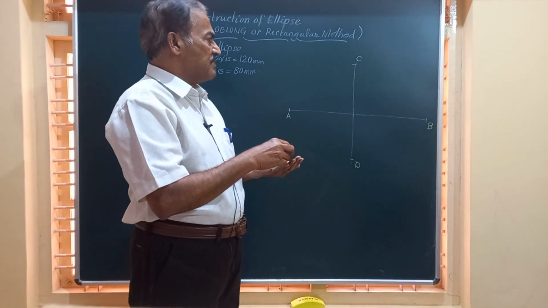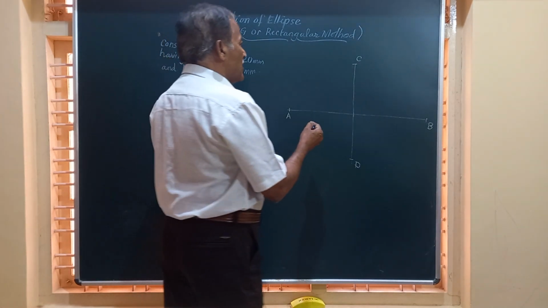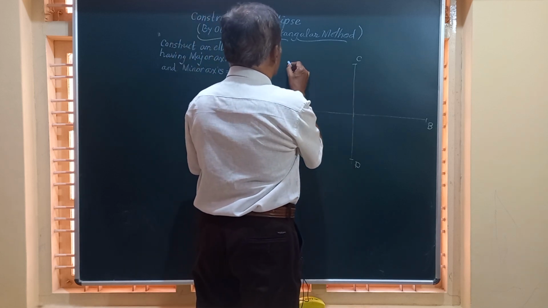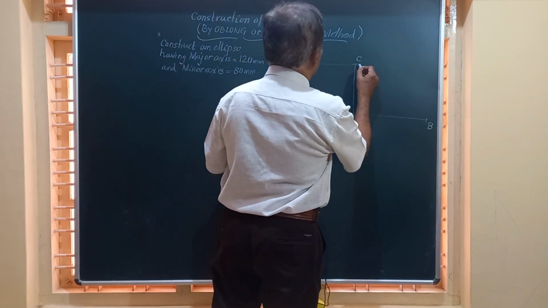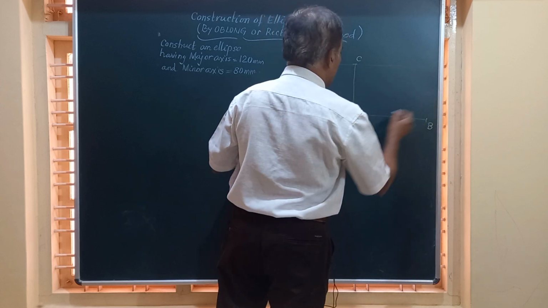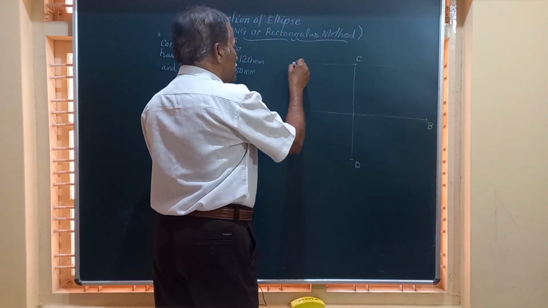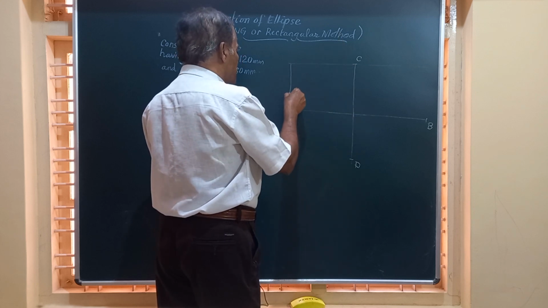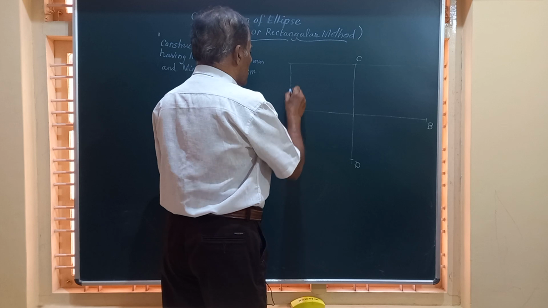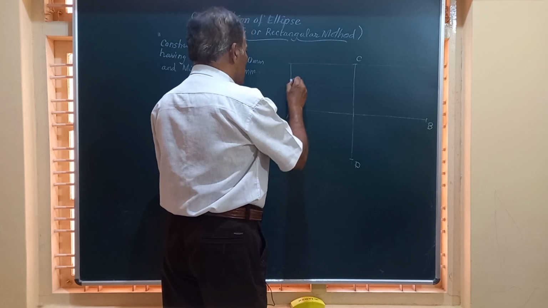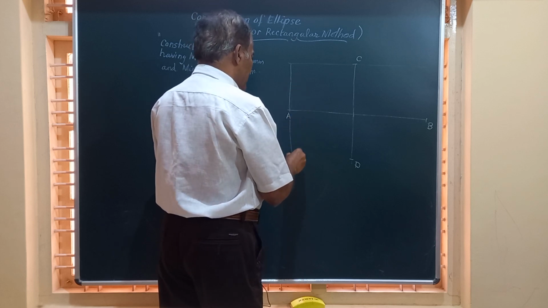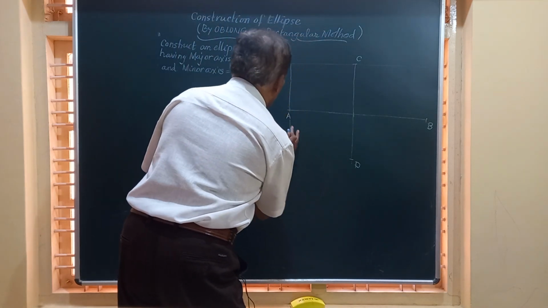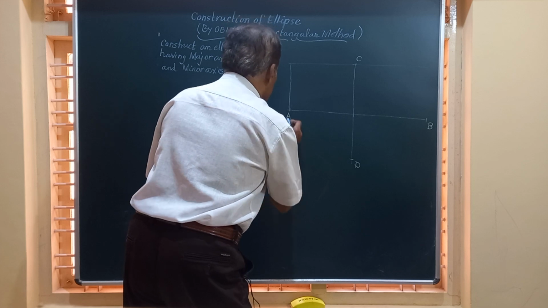So as the name itself indicates, we are going to have a box constructed, a rectangular box. So I will draw a line through this parallel to AB, and a line through this A parallel to CD. We are going to draw lines like that. Extend this line by the same amount, that is 40 downwards.